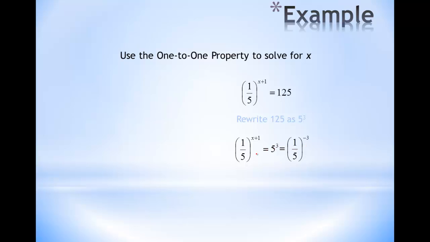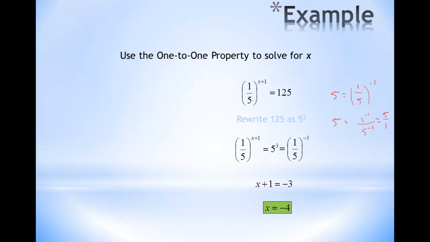Remember, if I want to get the same base as 1 over 5, I can simply say that 5 is equal to 1 over 5 to the negative 1, since switching these makes it 5 over 1, which is the same as 5. Then I just set the exponents equal to each other, and I get x is equal to -4.